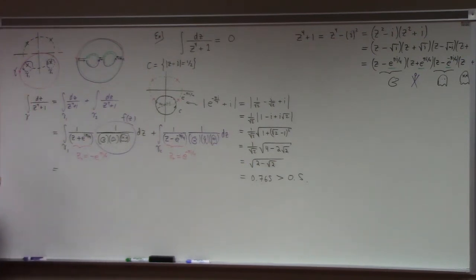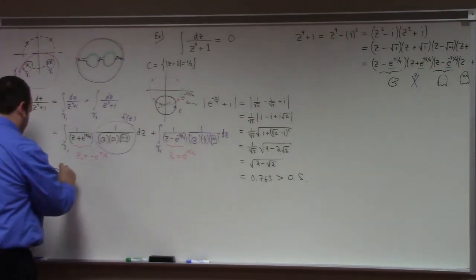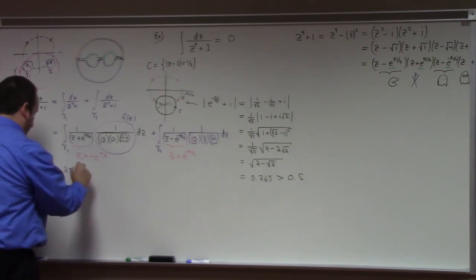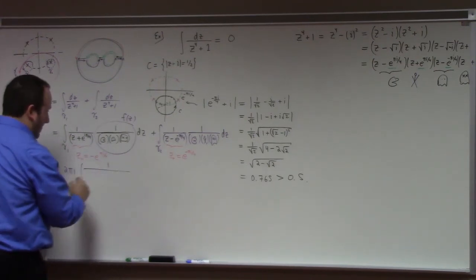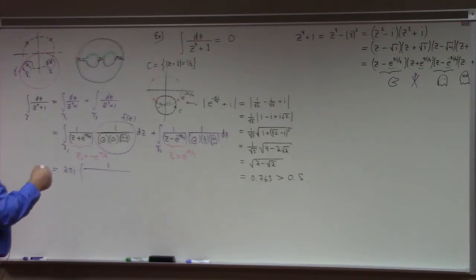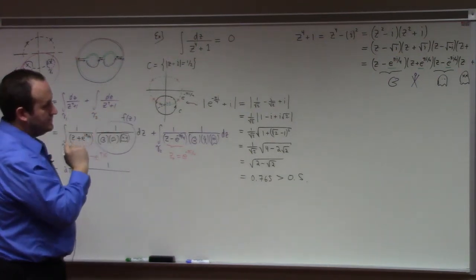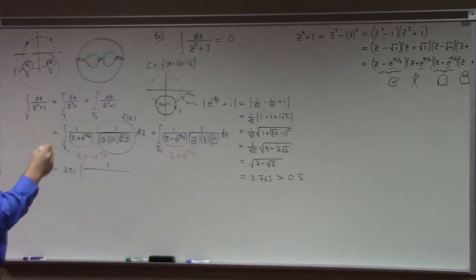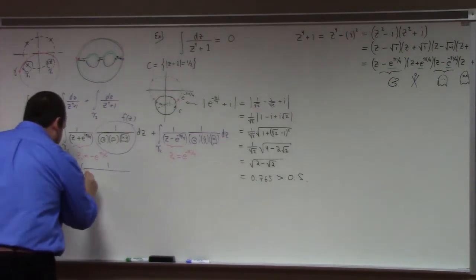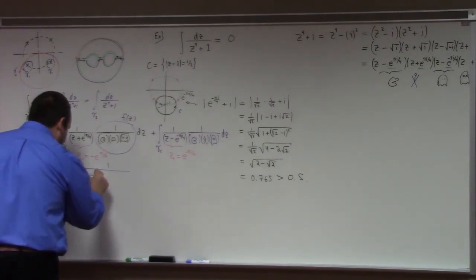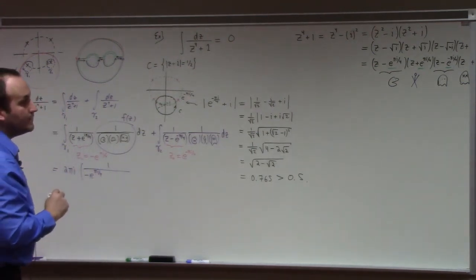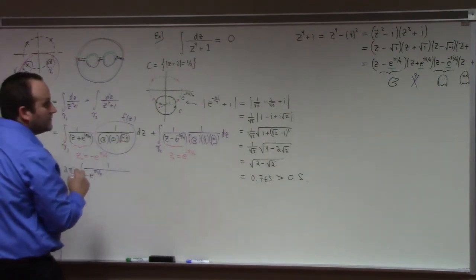And so, m equals 0. We still got the 2 pi i, right? But we just do 2 pi i times what? 1 over, how's it go? Minus e to the pi i over 4, two of those, right?